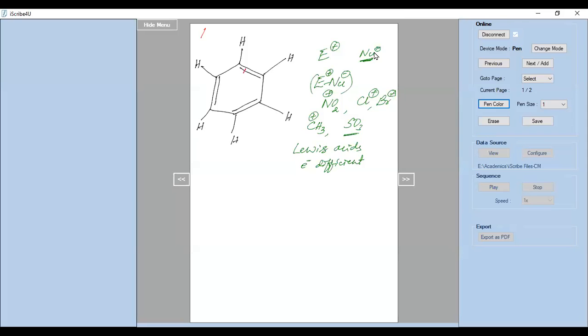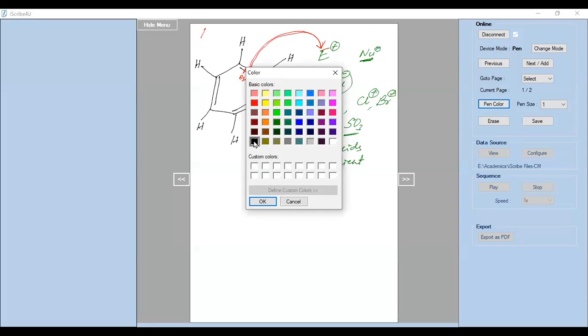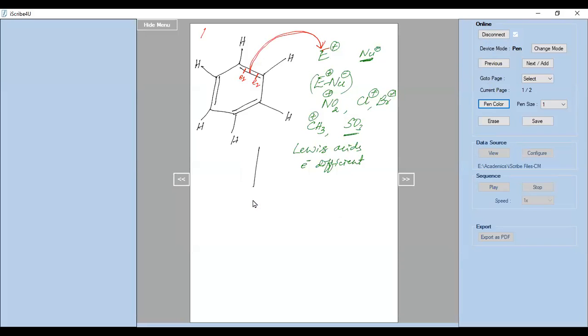Since electrophiles are positively charged and benzene is negatively charged because of the presence of 3 pi bonds, these pi electrons, E1 and E2, are going to form a bond with the electrophile. As a result, there is a formation of a sigma bond with the C2 carbon.